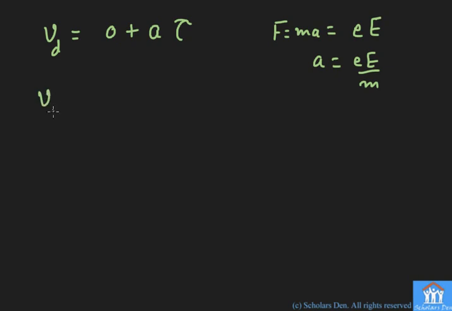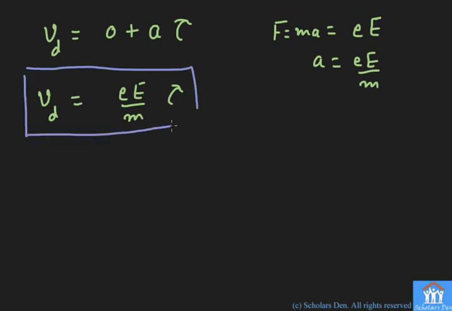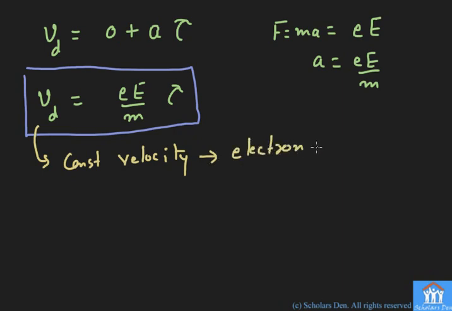So Vd is equal to eE by m into tau. This becomes our expression for the drift velocity. So what is drift velocity? It is a constant velocity by which the electron moves in the presence of an electric field.